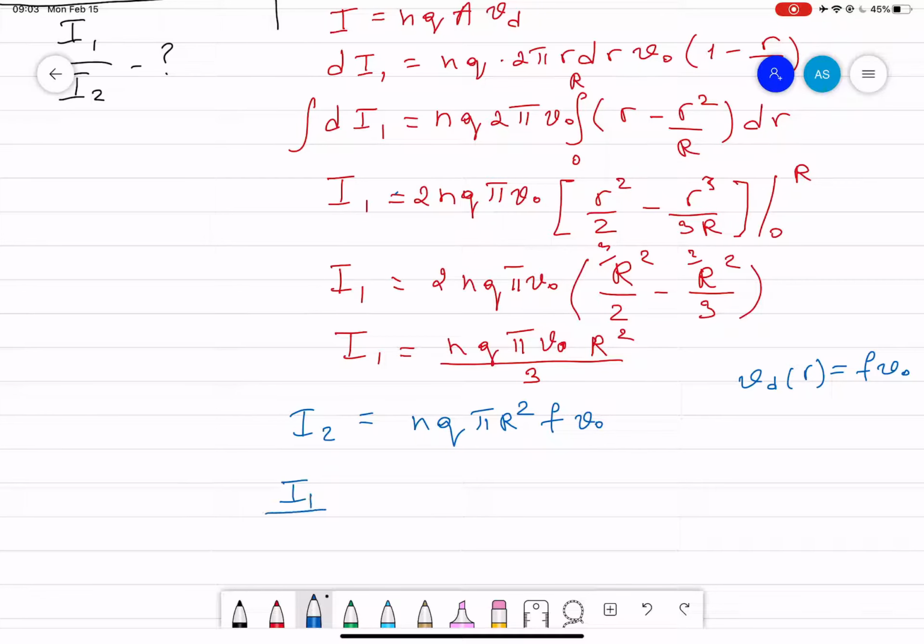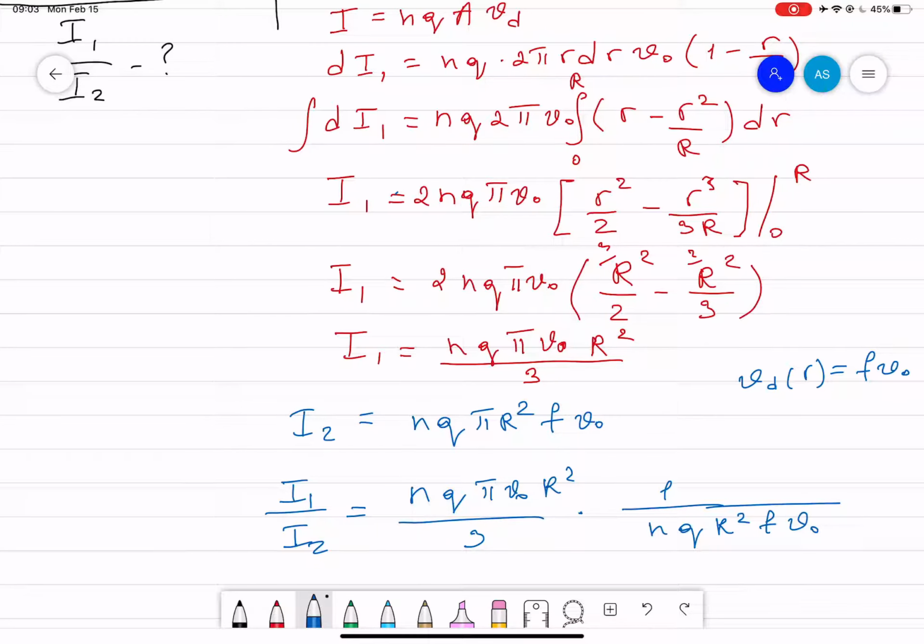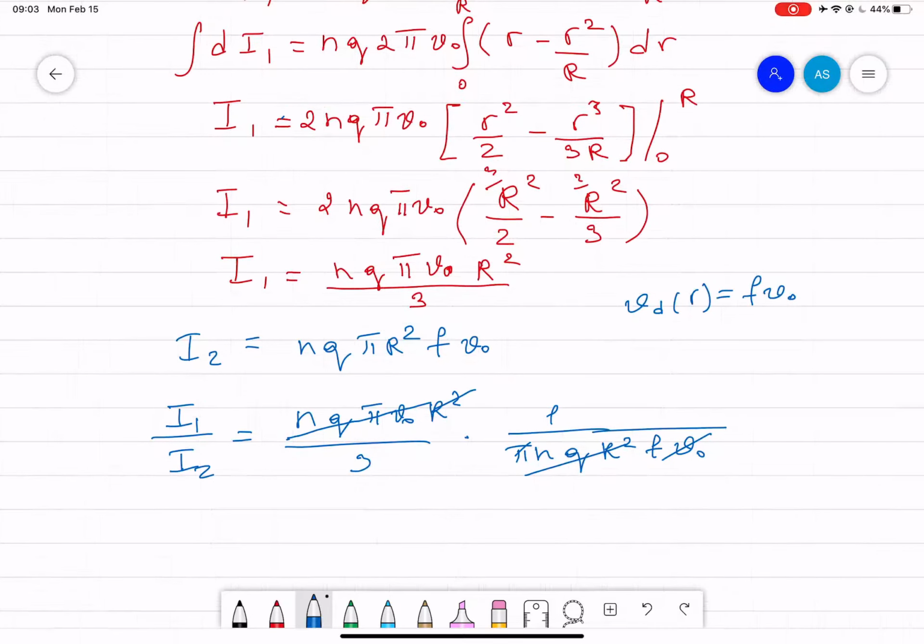So I1 divided by I2: I1 was nq pi v initial R squared over 3, multiplied to the inverse of nq pi R squared f v0. The nq cancels, the pi will also cancel, and finally I will get 1 over 3f.